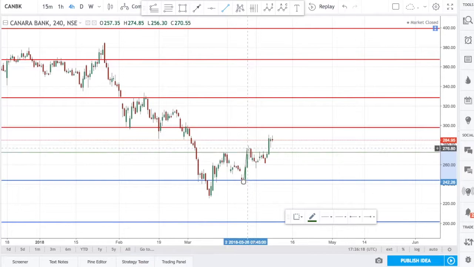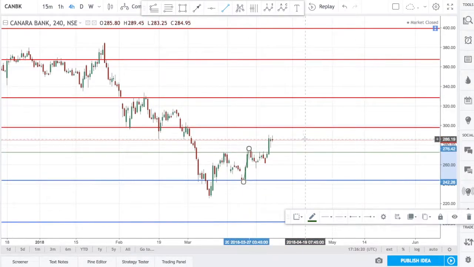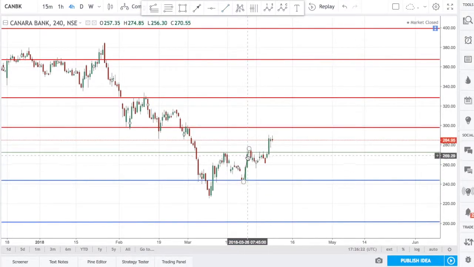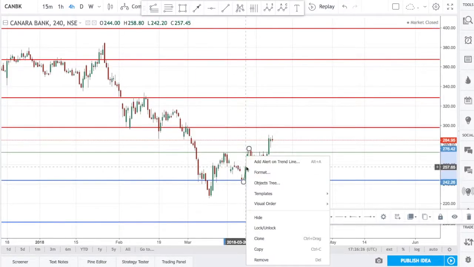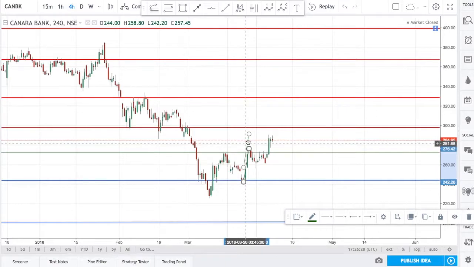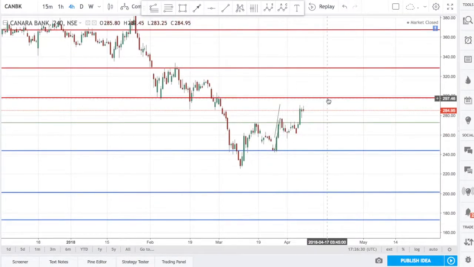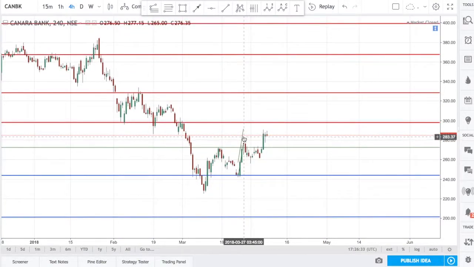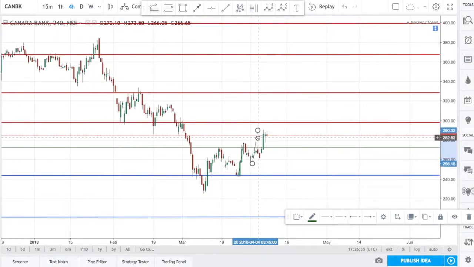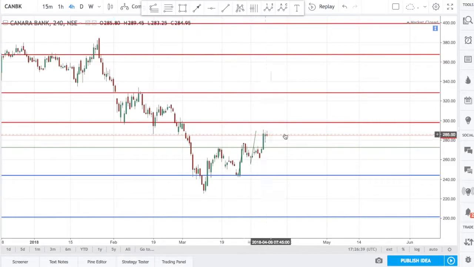We have an ABCD, our AB leg, retracement leg BC, and our CD completion. Let's mark the D completion on the CD leg with a line.